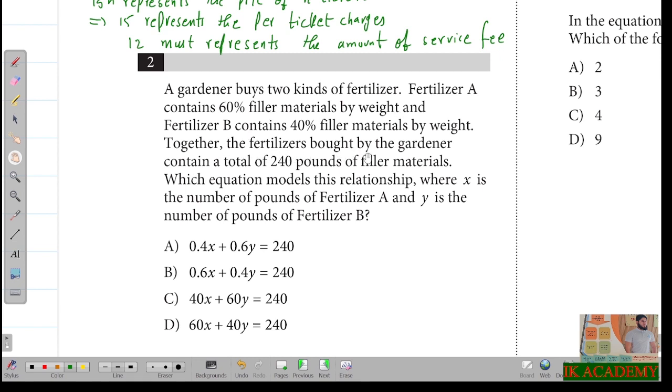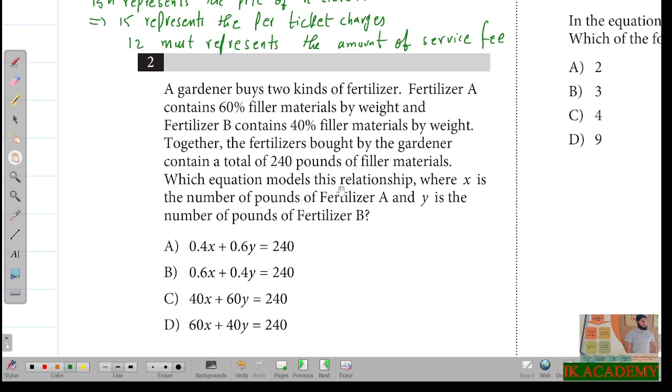Together, the fertilizer bought by the gardener contains a total of 240 pounds of filler material. So that's the total amount of filler material in pounds.